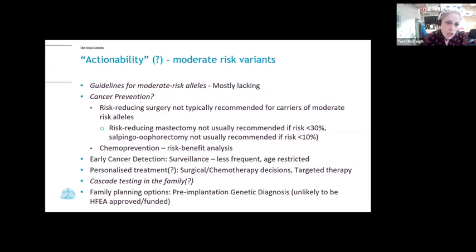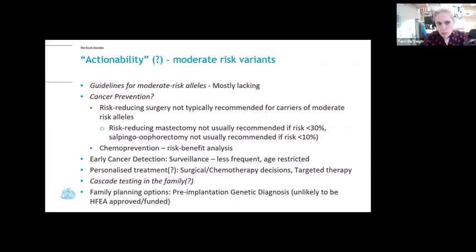In terms of chemoprevention, it's all about risk-benefit analysis. If you're a young woman that has a 25% risk of breast cancer, but you're also predisposed to developing DVTs, maybe tamoxifen is not the right thing for you to be on. So it's all about looking at the patient in front of you and taking all of those factors into consideration.